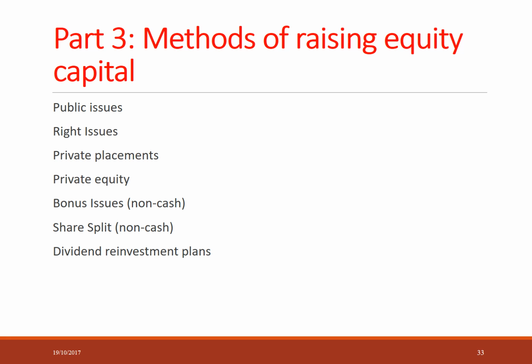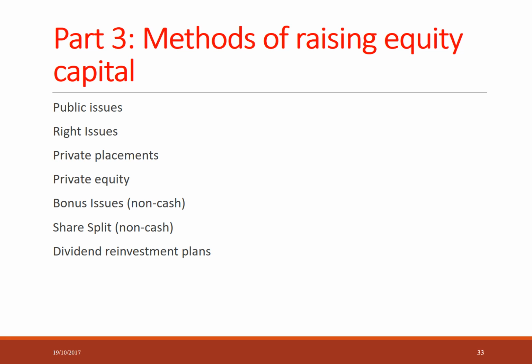We then talk about rights issues. These are options for shareholders to participate in buying additional shares at cheaper prices. Private placements are just a normal share issuance, but it's issued to just a selected group of investors. So there's an issue about dilution of ownership here.